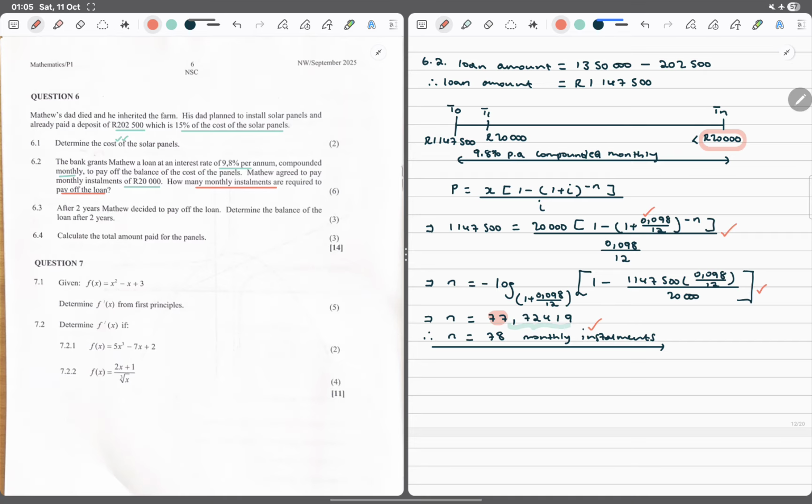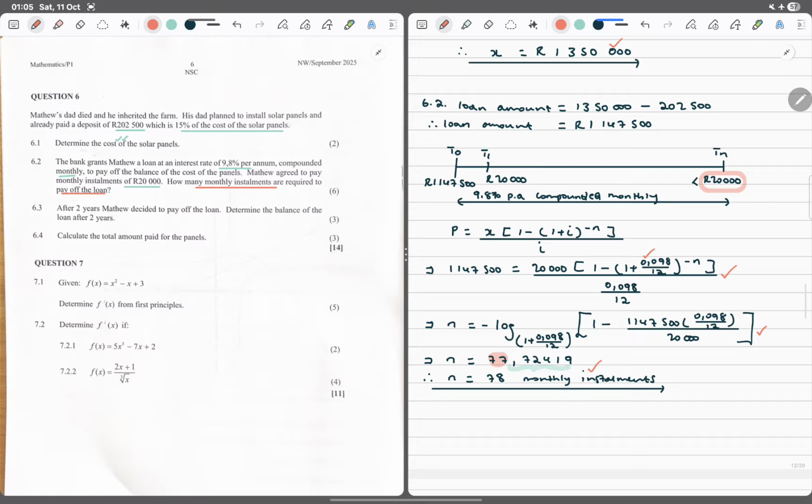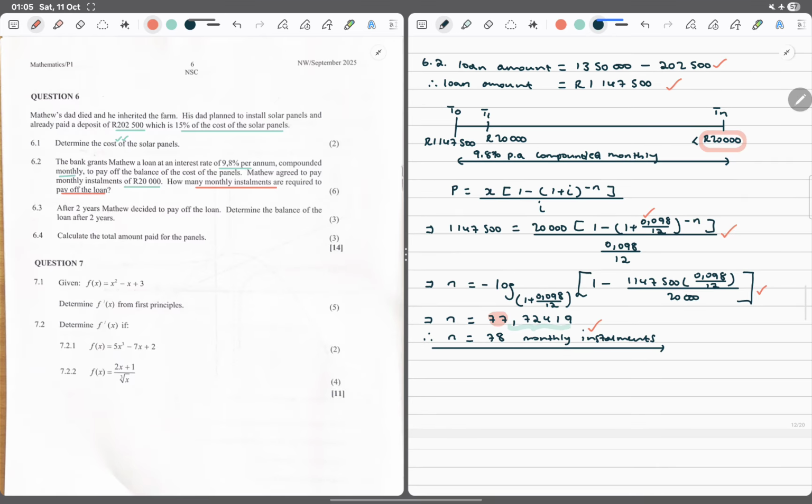Now we need 2 marks. Remember, to get the loan was key. Okay, could be 1 mark, could be whatever, but for me that's just what it is. So this is very important. So as you can see, guys, these are just easy marks, very easy marks.